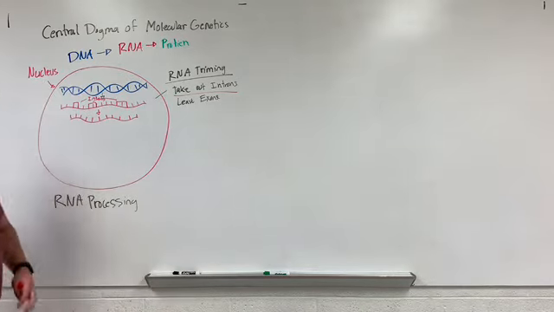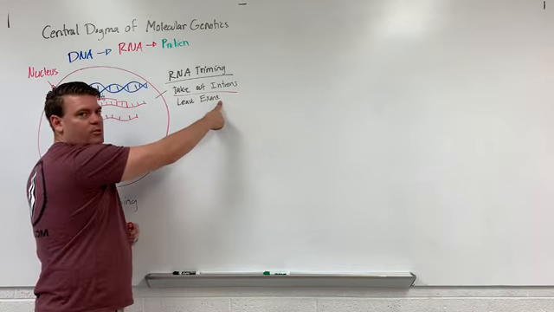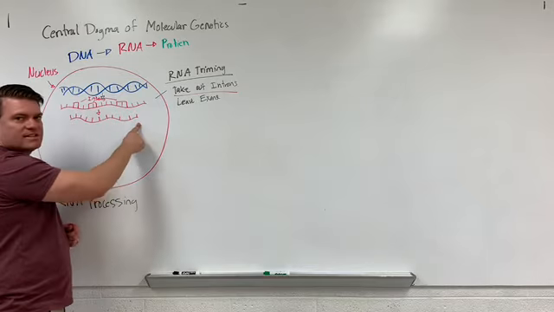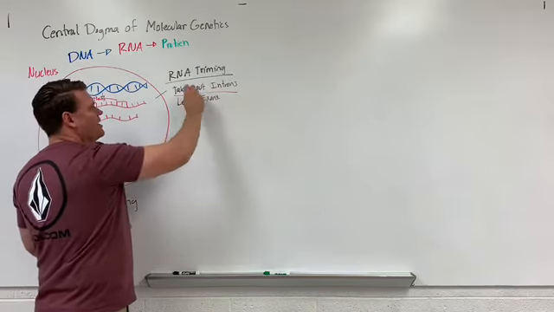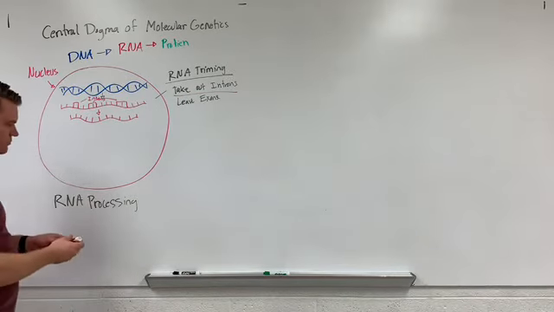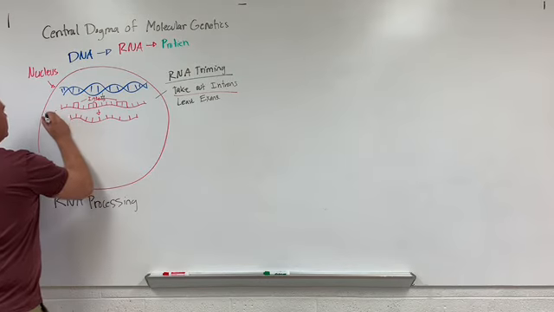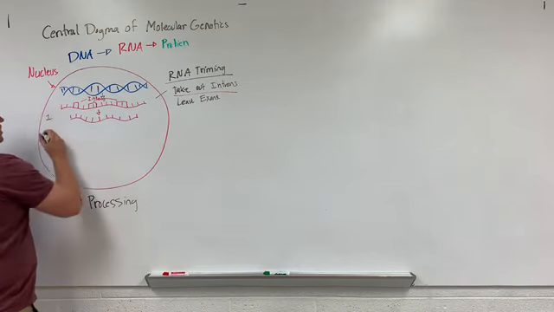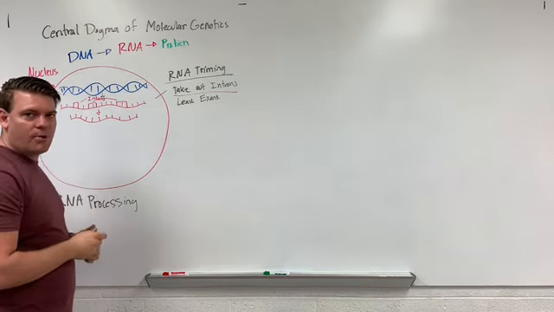And so one way we always remember which ones are introns and exons: our exons are going to go and be expressed into our protein. So exons expressed, therefore the introns are the ones that are taken out. So that's our first step. Our second step is that we have to add on our poly A tail.